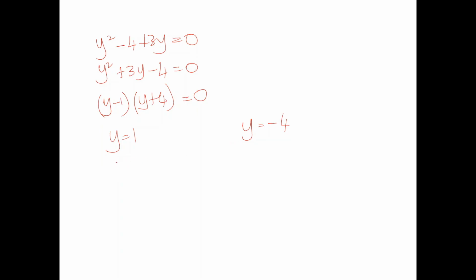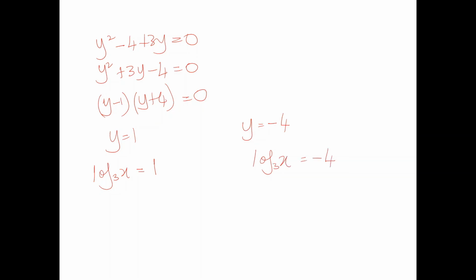Right? So back to our substitution just now. We let log x base 3 equal to y. So when y equal to 1, meaning that log x base 3 also equal to 1. And when y equal to negative 4, log x base 3 also equal to negative 4.